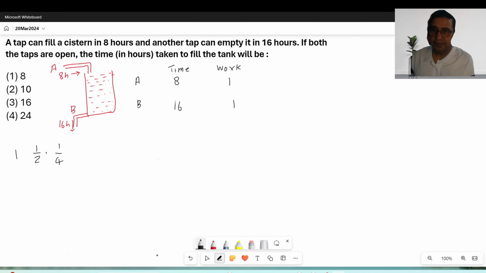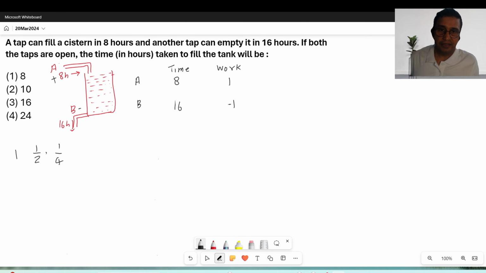Similarly here, tap A is filling the tank and tap B is emptying it. So work done by tap A will be represented as positive and work done by tap B will be represented as negative. Tap B takes 16 hours to complete the work, but in mathematical terms, it will be represented as negative.